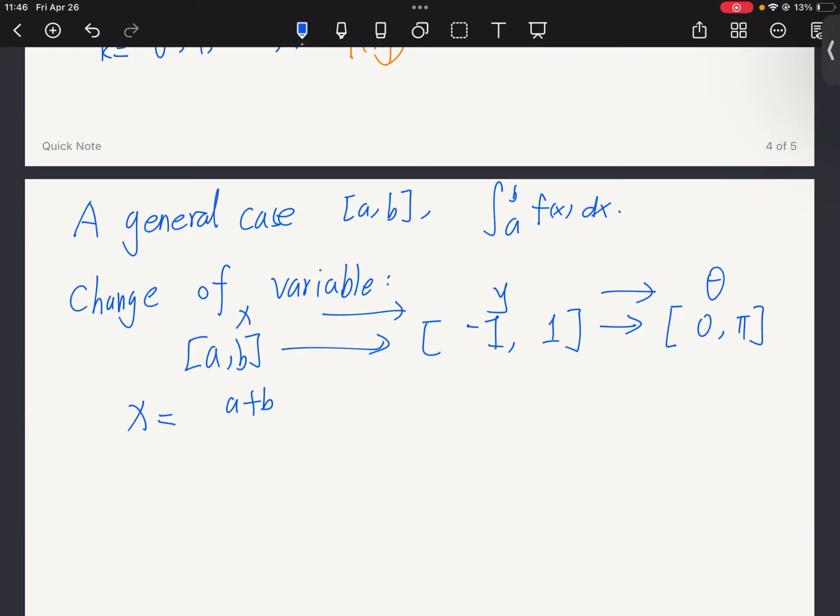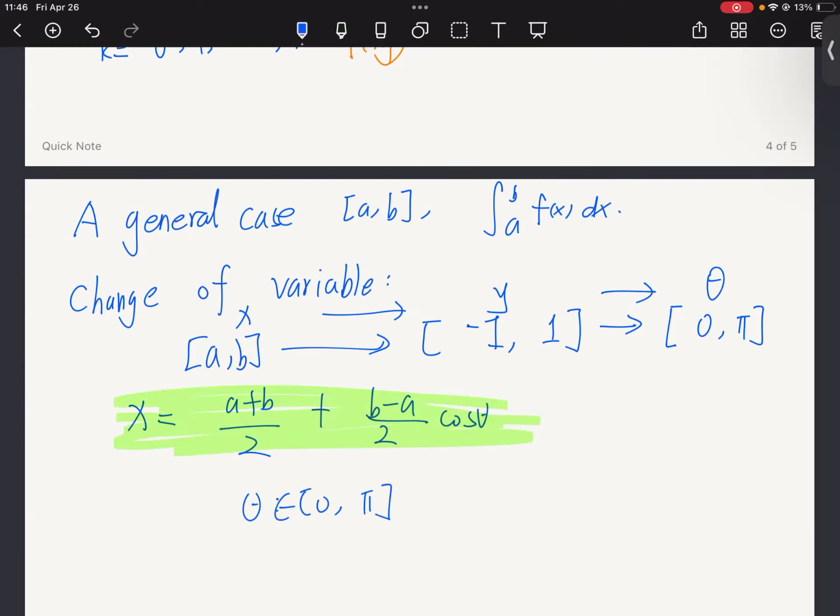So let's take a look at this change of variable here: b minus a over 2, times cosine theta. For this change of variable, there's a mapping, and it maps theta from 0 to pi to x in the interval a to b.